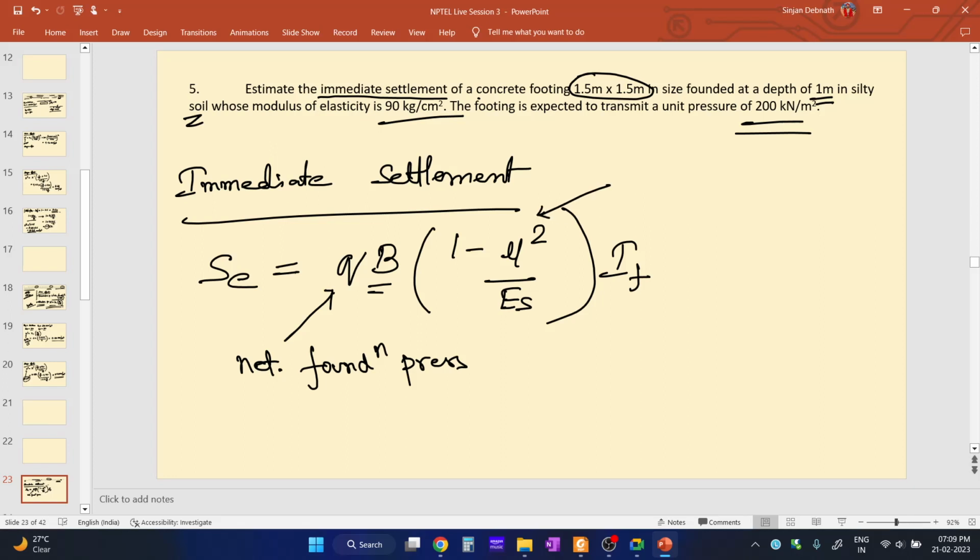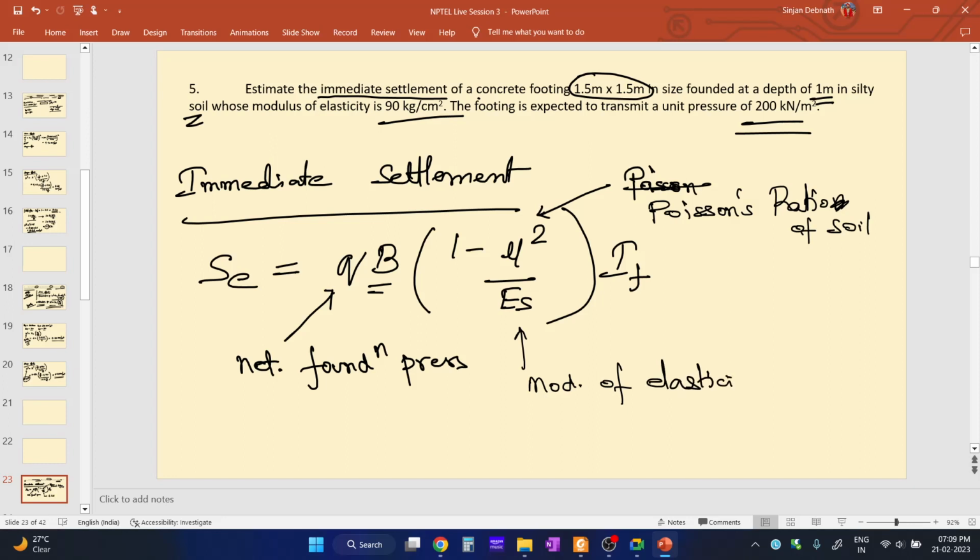Mu is the Poisson's ratio of soil. What is ES? ES is Young's modulus of soil, that is the modulus of elasticity. What is IF? IF is the influence factor.